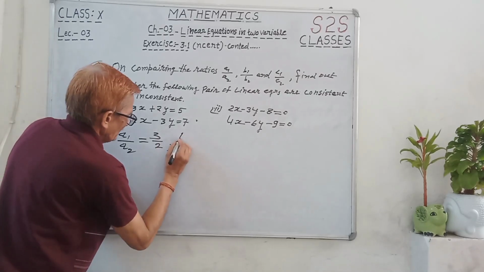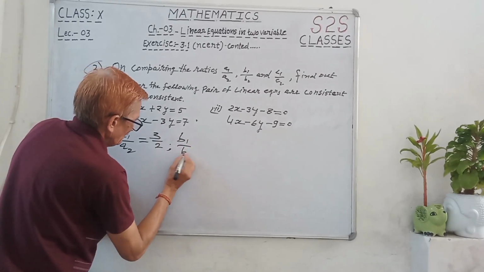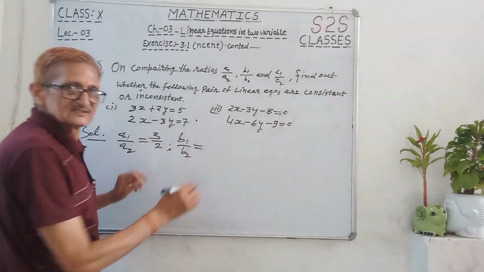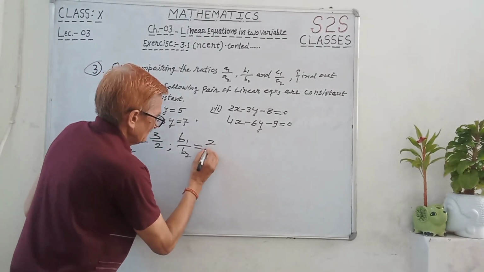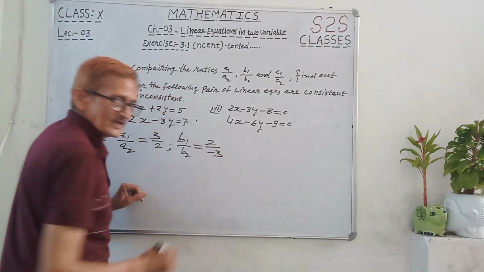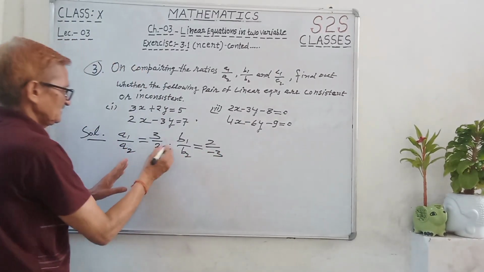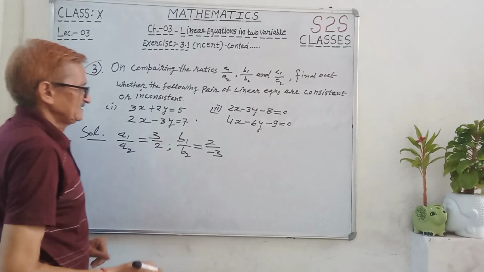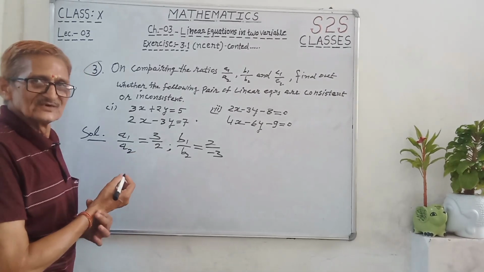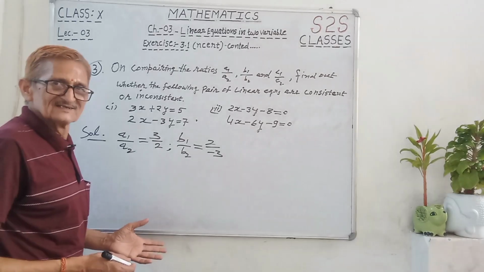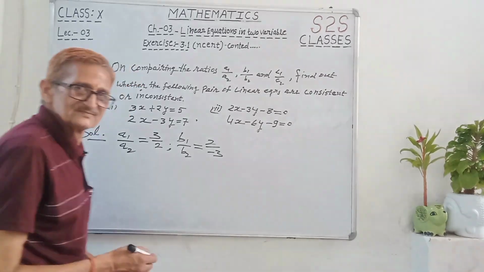Similarly, B1 upon B2, the coefficient of y, 2 upon minus 3. Now observe these are not equal, so we don't need the third.